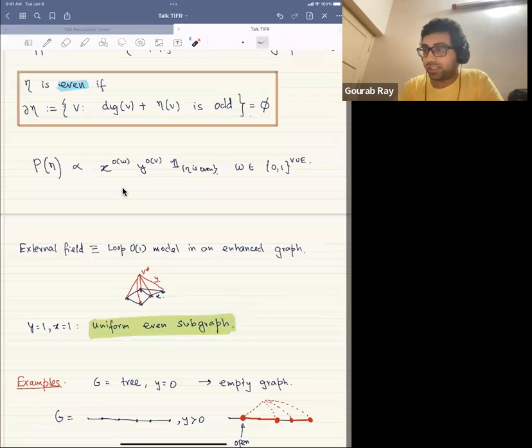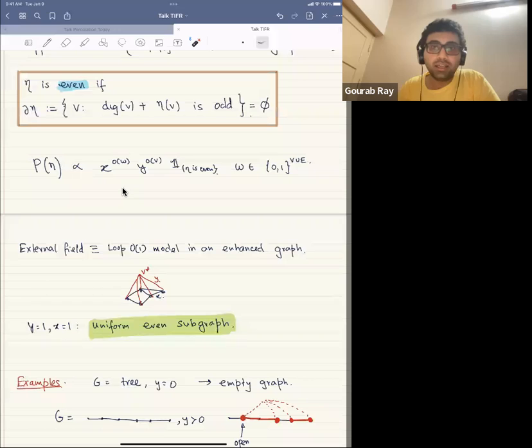If you introduce an external vertex, which people call the Ghost Vertex, and add an edge from the Ghost Vertex to every vertex in your graph, and assign a weight y to those red edges, as I've drawn here, then look at the loop O(1) model on this graph with no weight on the vertices, x weight on the base graph edges, and y weight on these red edges, these are completely equivalent.